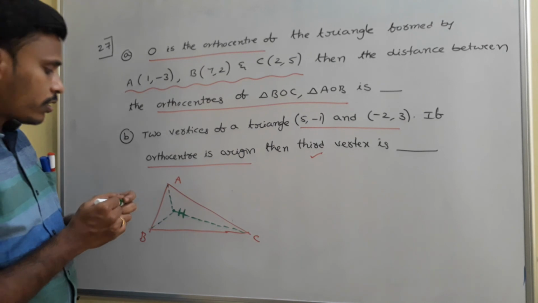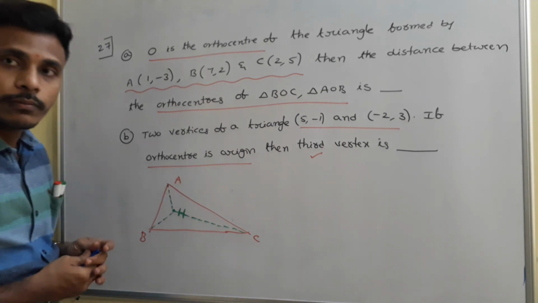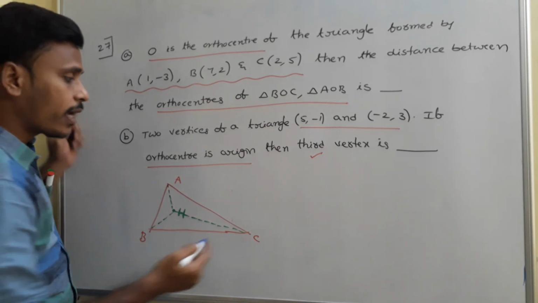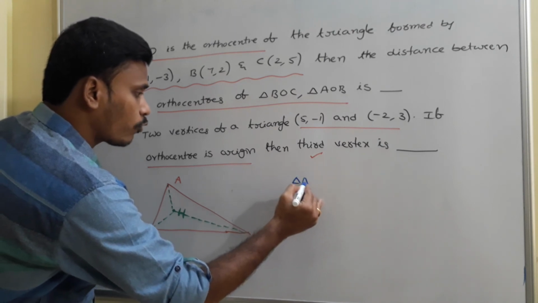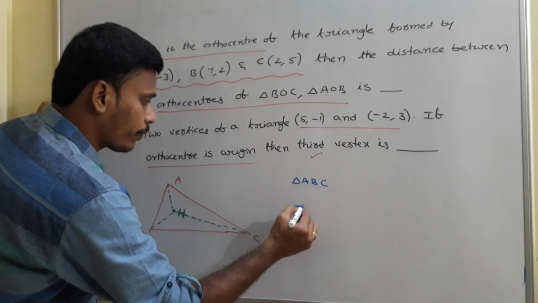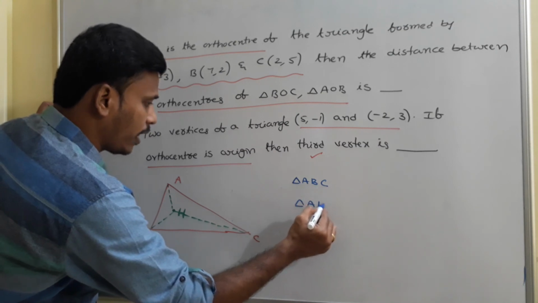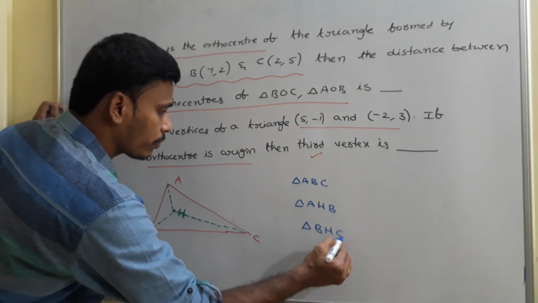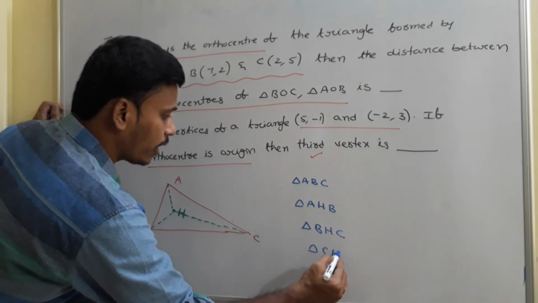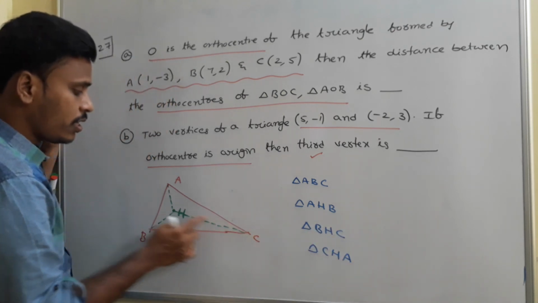When you look at this, how many triangles are formed? There are different triangles. The first one is triangle ABC. The second is triangle AHB, the next is triangle BHC, and the next is triangle CHA.